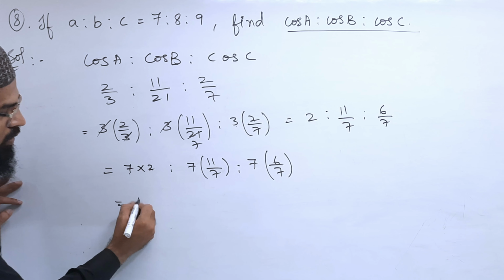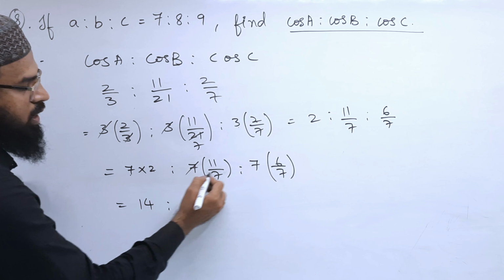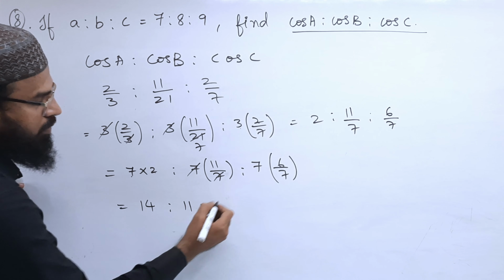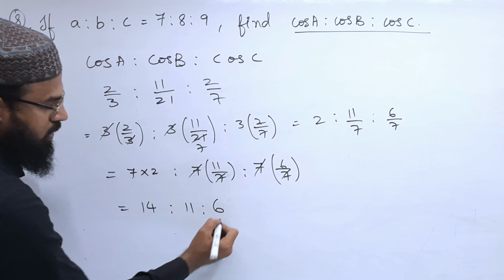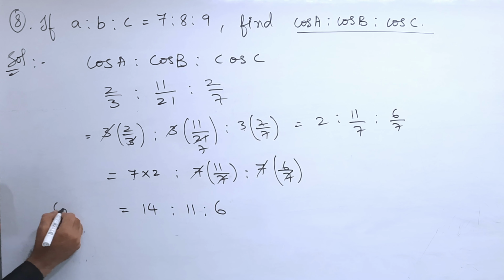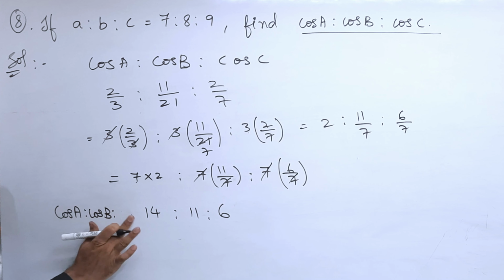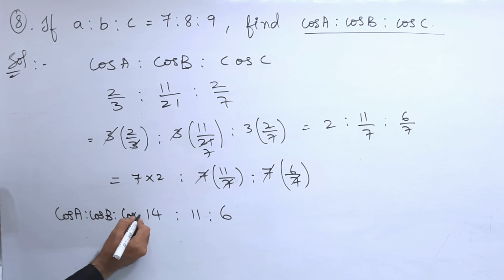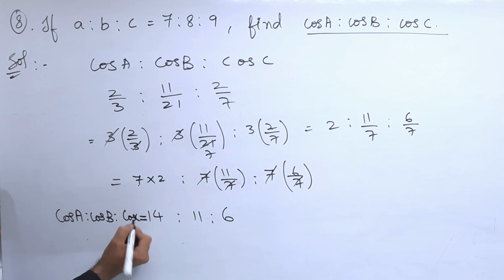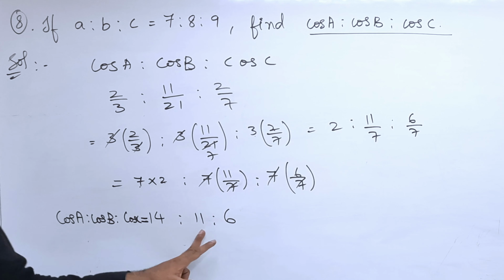So 7 × 2 is 14, 7 × 11/7 is 11, 7 × 6/7 is 6. So the ratio cos A : cos B : cos C = 14 : 11 : 6.